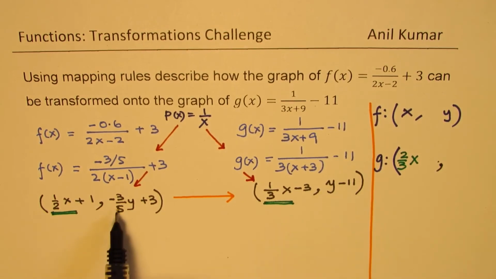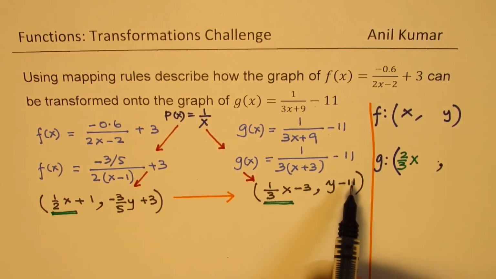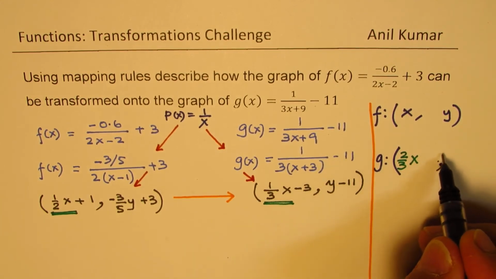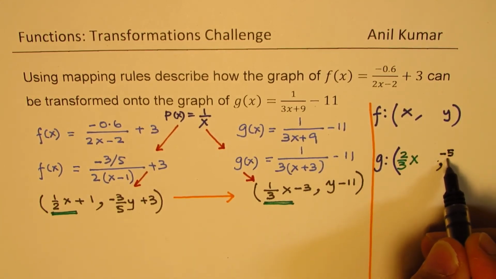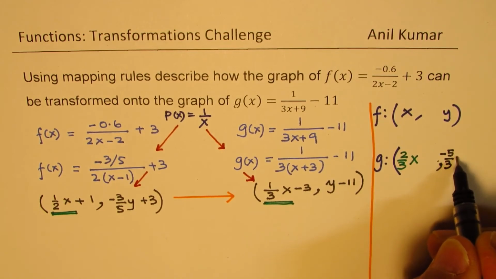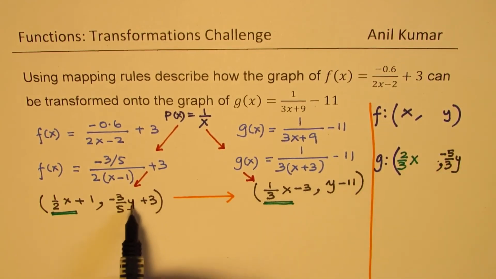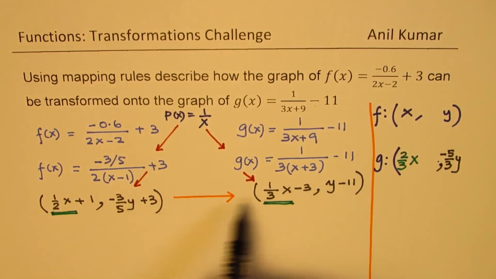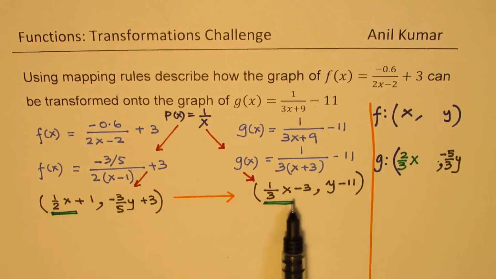That means we have to multiply this by minus 5 over 3, right? So what we get here is minus 5 over 3 of the y values. Is that clear to you? So as far as the compressions and stretches, horizontal and vertical, are concerned, you get your points.